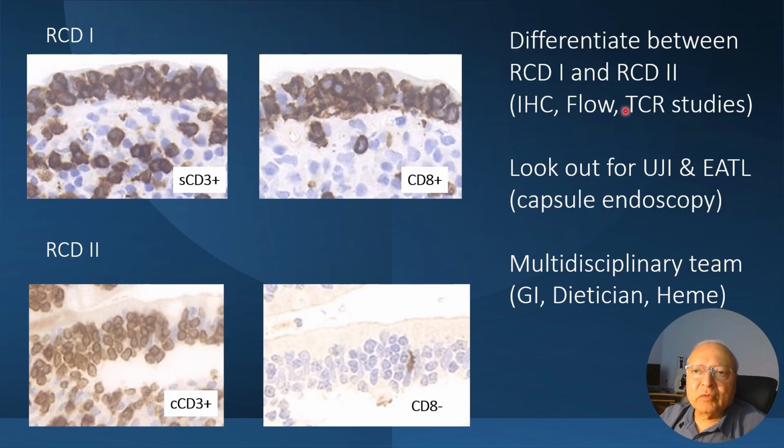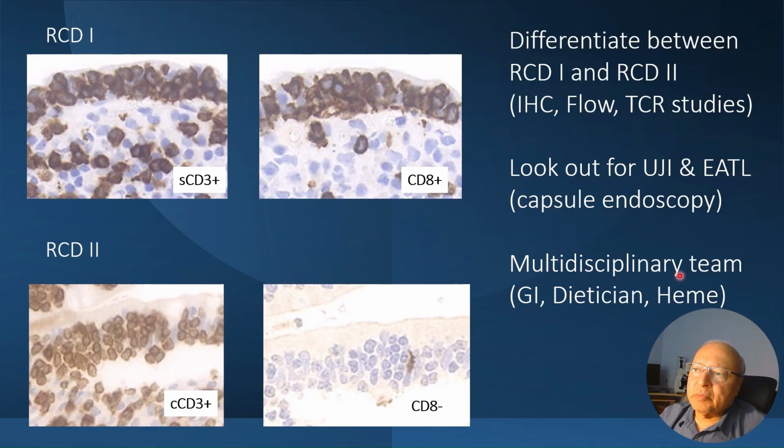Because once you have RCD type 2, there is a potential for ulcerative jejunoileitis, and for that there may be a need to do capsule endoscopy to go further down into the jejunum to see if there is ulcerative jejunoileitis, and also to be mindful of developing enteropathy associated T cell lymphoma.